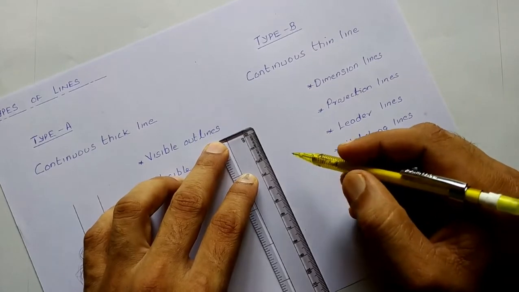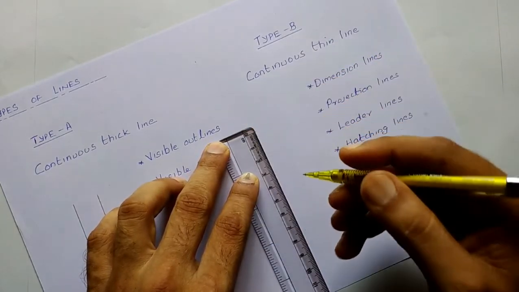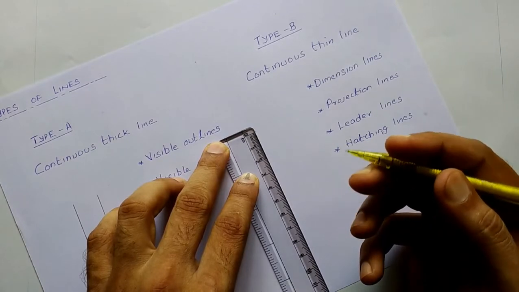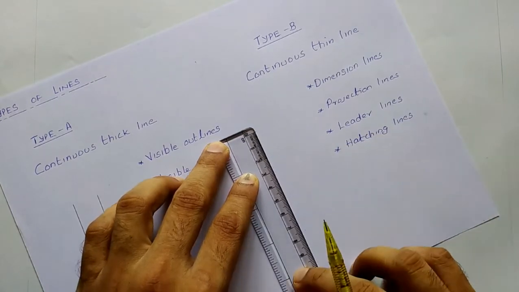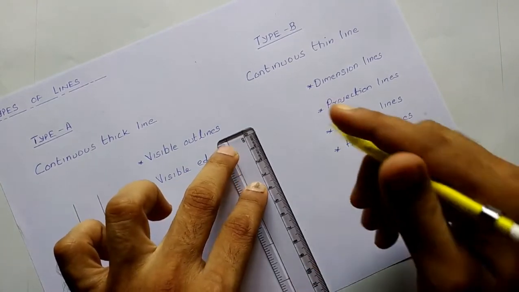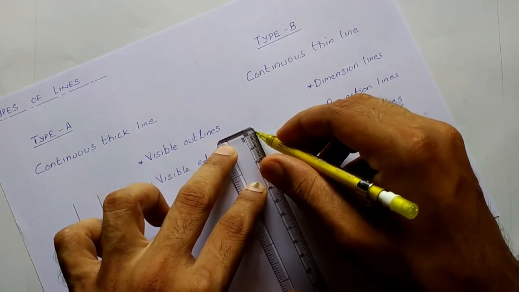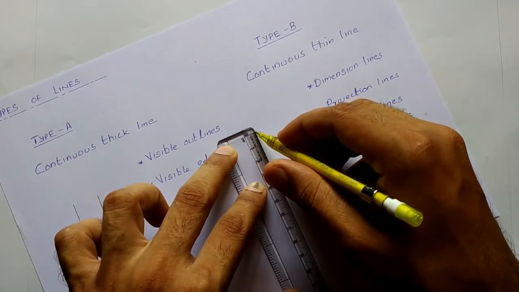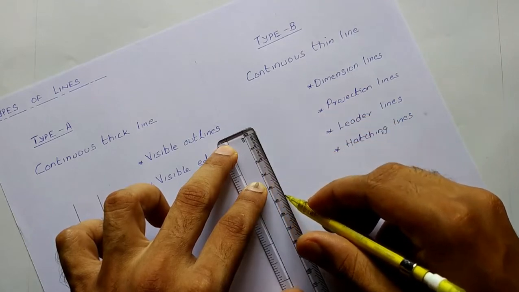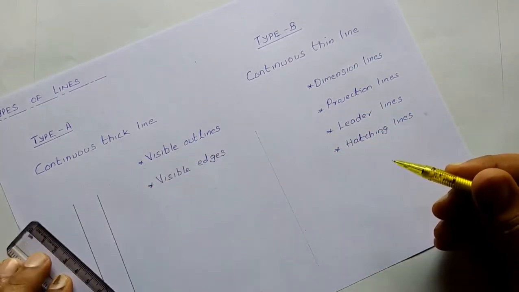You can use your scale. You don't apply as much pressure as you applied for drawing the continuous thick line. You don't apply much pressure when you are drawing this type of line. You just draw it very casually. Okay, a line of 10 centimeter length.